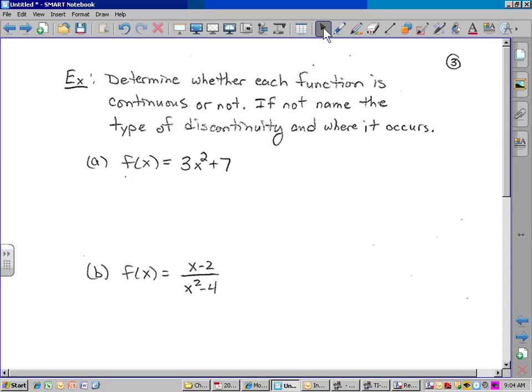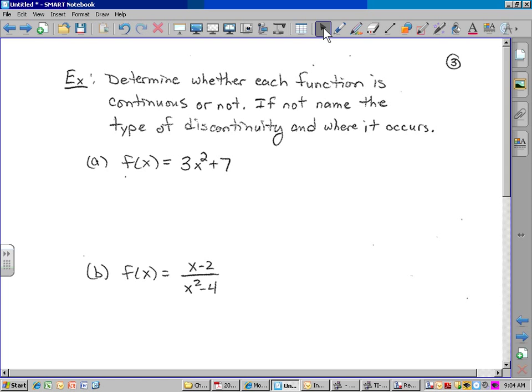Very simply, if you have a function and there is no fractions, unless it is a special function, it will be continuous. Here we have a regular function, f(x) equals 3x squared plus 7 for part A. It's a quadratic.